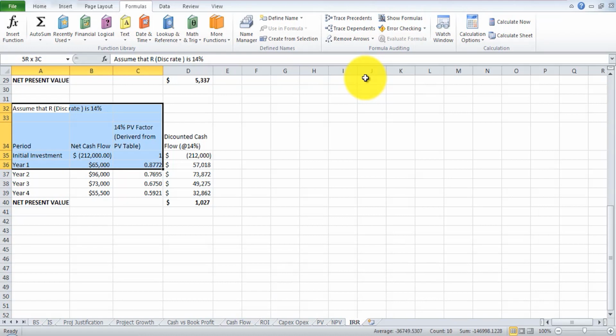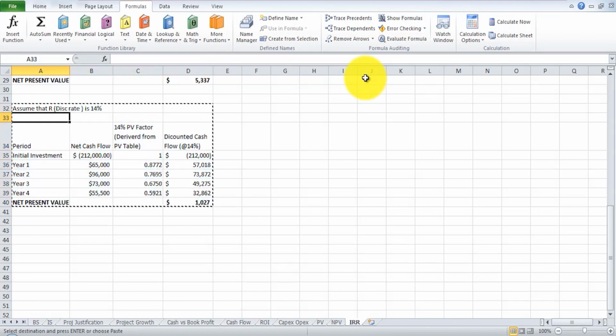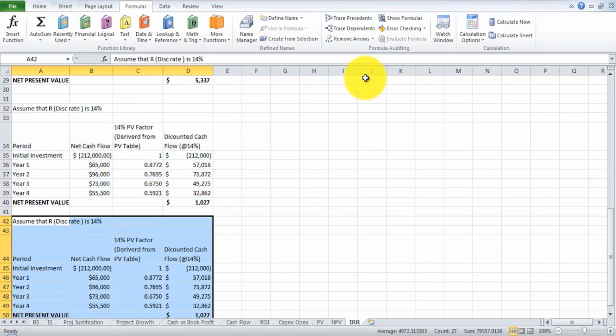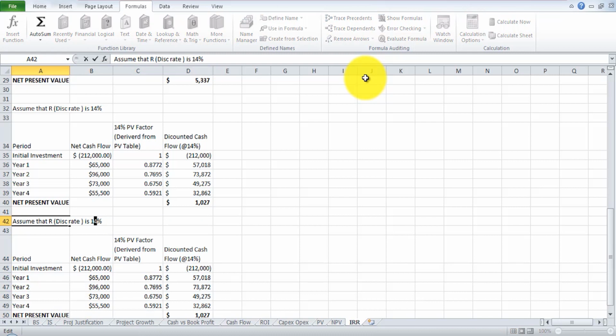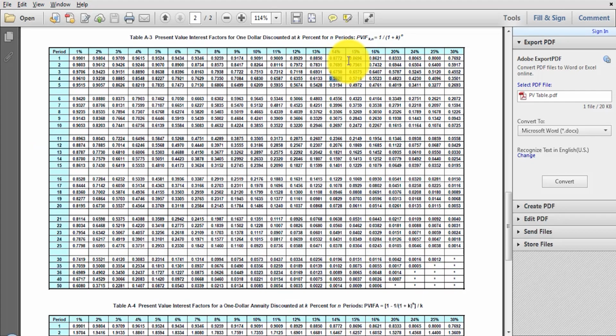Now we just try to validate it with one more calculation, that is at 15%. If the amount turns out to be negative, then we are sure that the amount lies between 14 and 15%, and the one which is nearest to zero will be the final discount factor for us. For $1, the value at 15% goes to 0.8696.